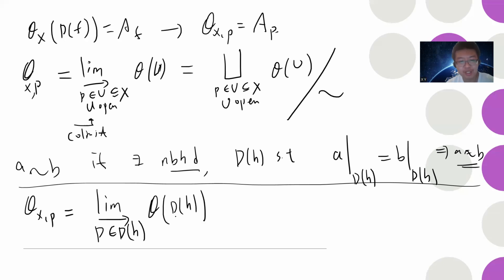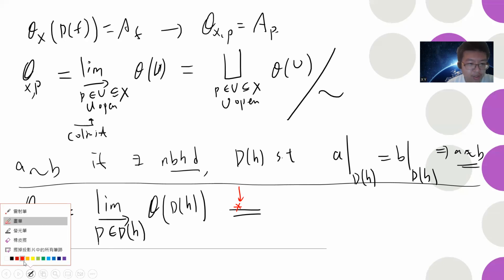This just tells you that I restricted myself to the distinguished open set, and I take all the primes covered by some h, and I collect all these sheaf ring localizations. This is what we're going to prove here.